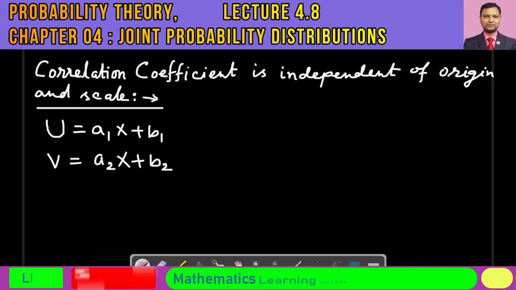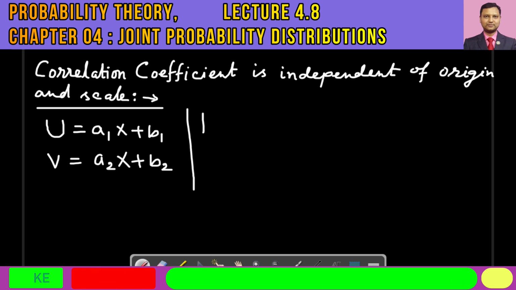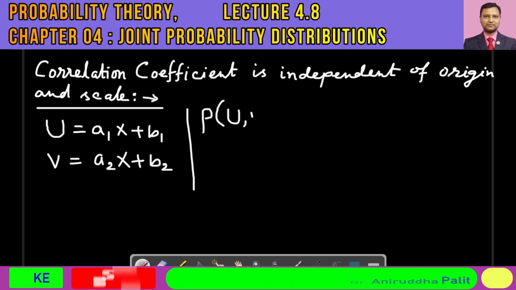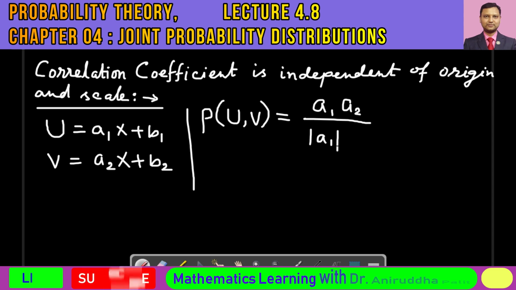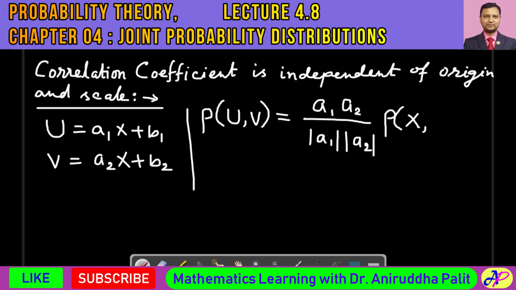In that case, we proved this result, that the correlation coefficient between u and v is equal to a1 a2 divided by modulus of a1 multiplied by modulus of a2, and this is multiplied by the correlation coefficient between x and y.